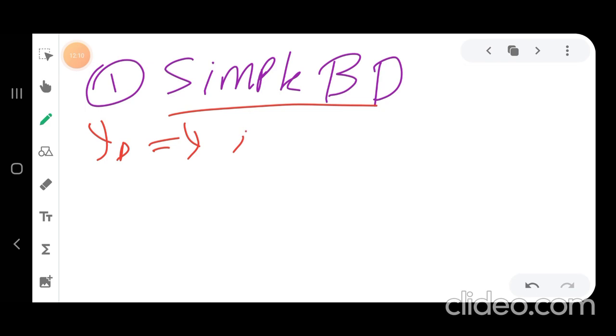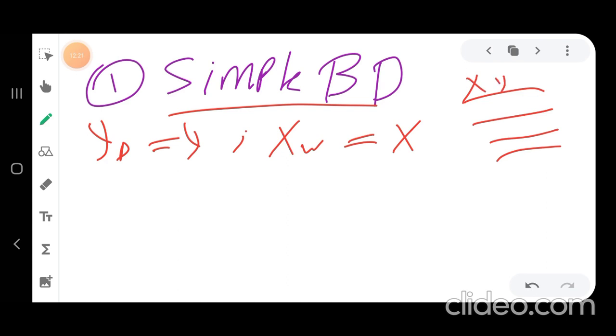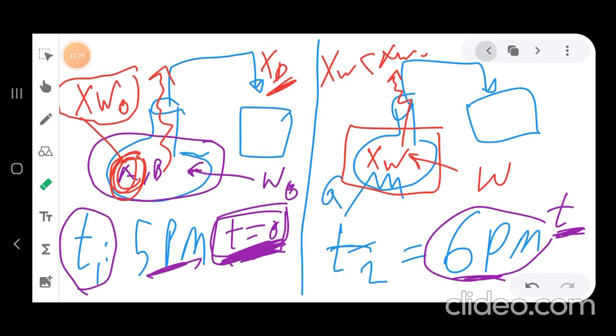And we can say also that the composition in the still pot XW is just the composition in the liquid, because we have one stage. We don't have too many stages, each with its own X and Y. No, it's just a single stage. That's why we can use this, and then see this Rayleigh equation.